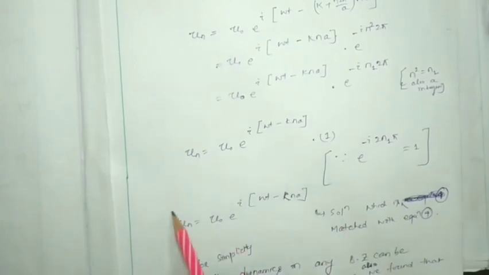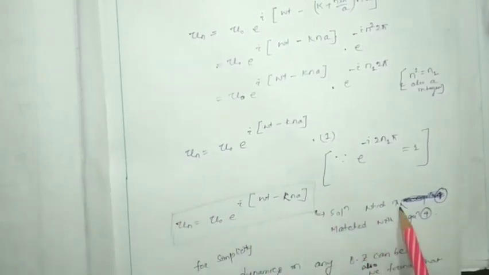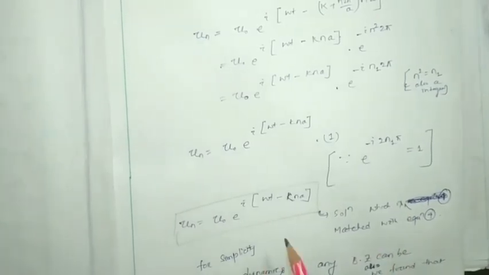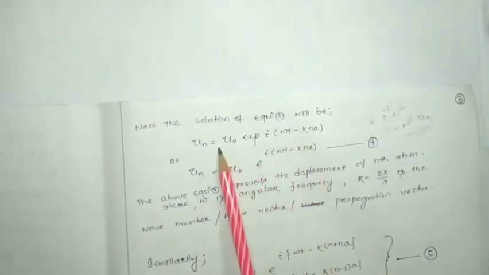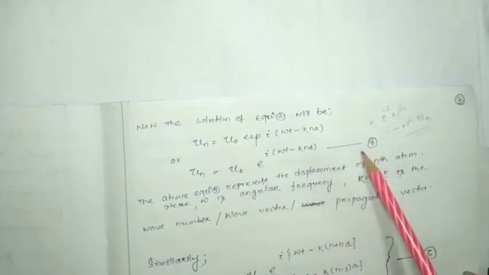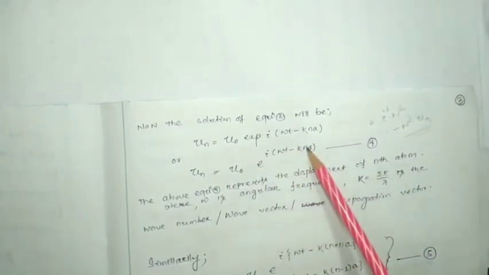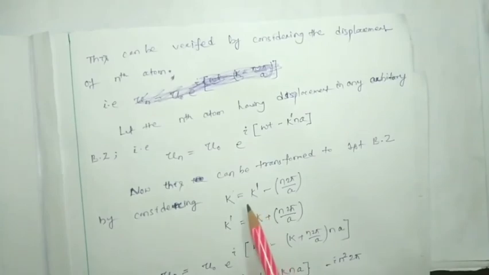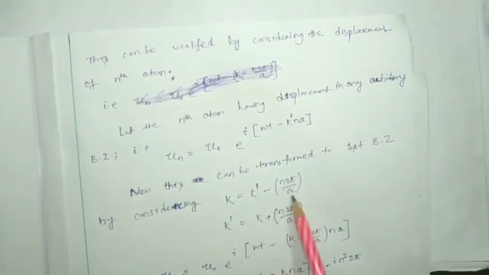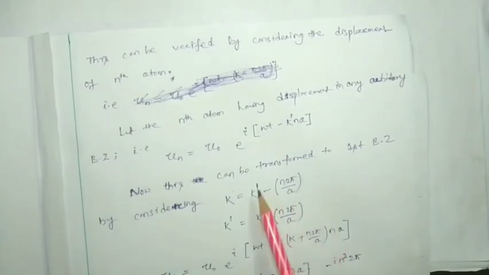So this solution you can see is matched with equation number 4, the representation of the displacement of each atom in the first Brillouin zone. This is equation number 4, the displacement of the nth atom in the first Brillouin zone. If we consider any atom in any Brillouin zone, it can be transformed by considering k dash minus n 2 pi by a in the reciprocal space.